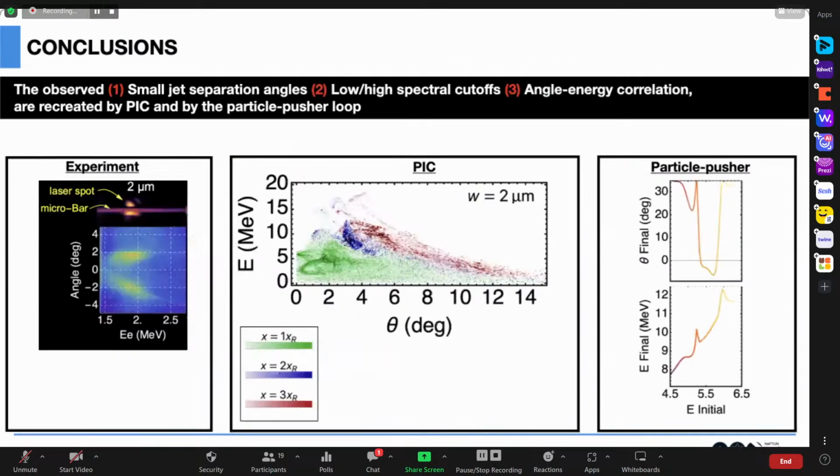Okay, so some conclusions. The experimental observations were the small jet separation angle, the high and low energy cutoff, and the correlation between angle and energy. All of those have been recreated both in the particle-in-cell and in the simple particle pusher loop.